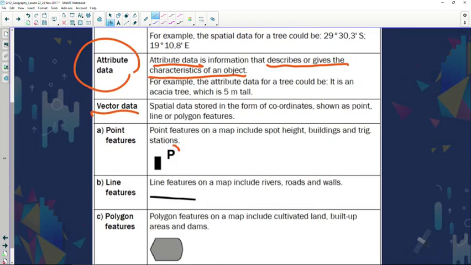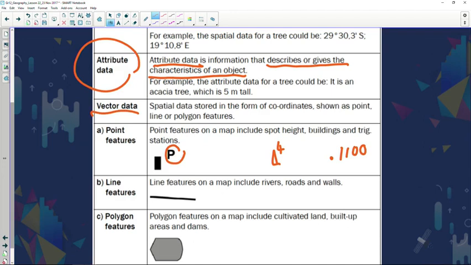In this case over here, there's a post office. A trig beacon is over there, or a spot height. Okay, it shows the data that's stored of the coordinates shown as a point. For instance, at that point, the spatial data is trig beacon number 4 or the spot height 1100.